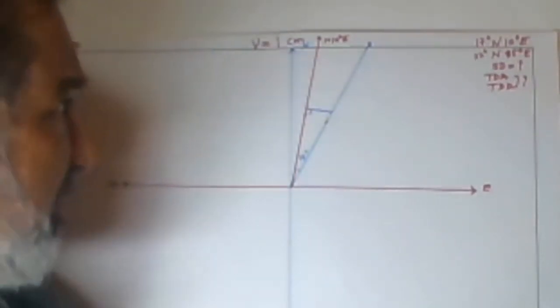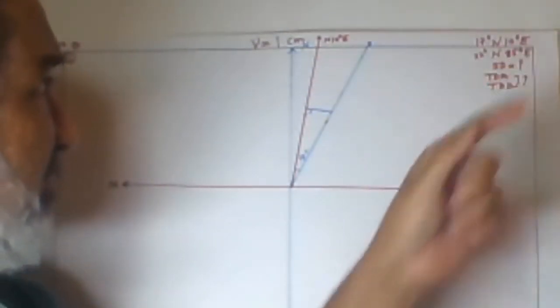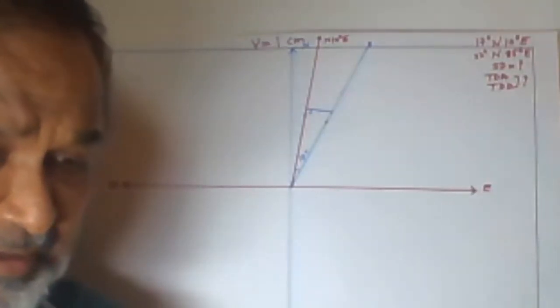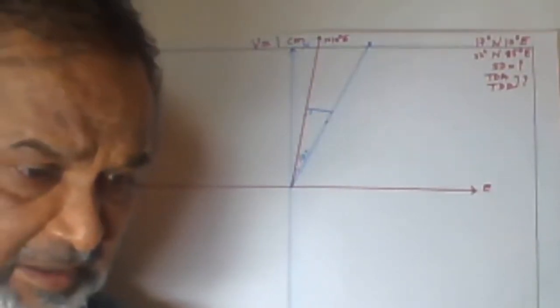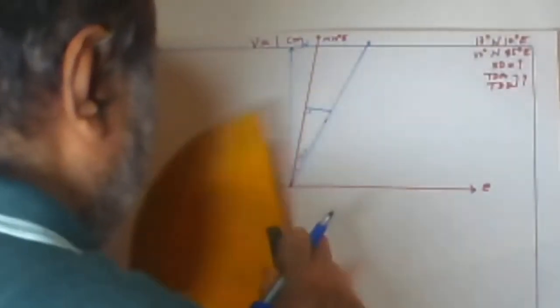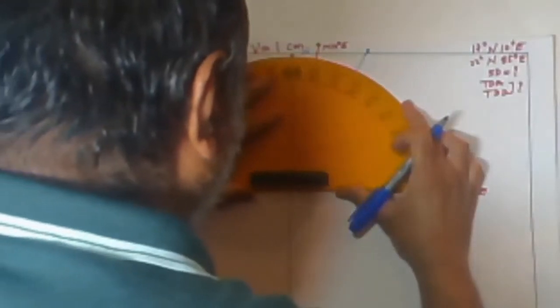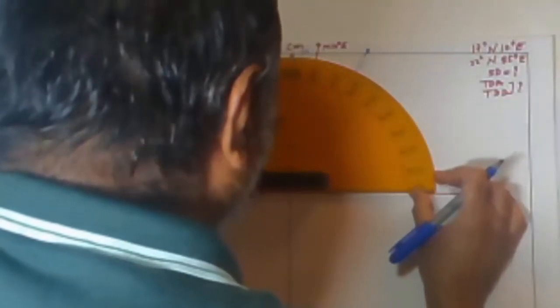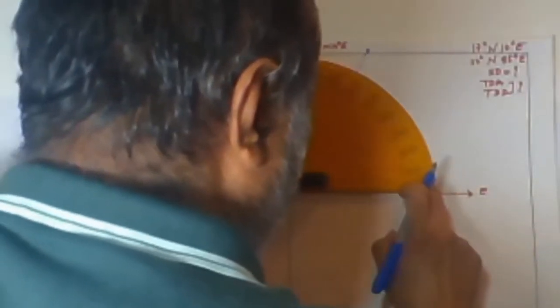Now the second one, north 85 degrees east. We can use both compasses. North 85 and this is the 90. So 85 will be here, and from there 22 degrees.